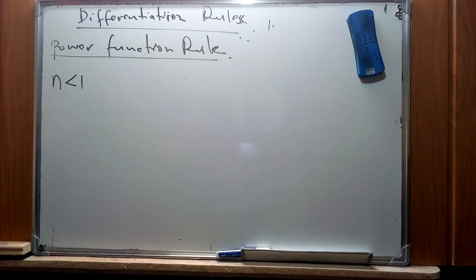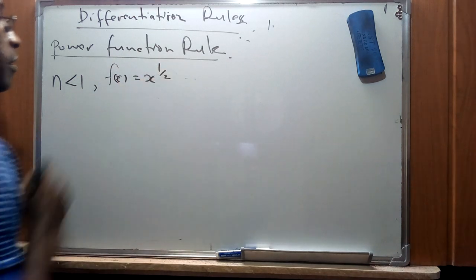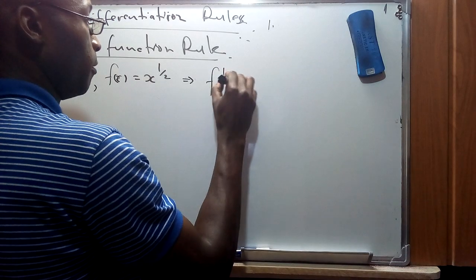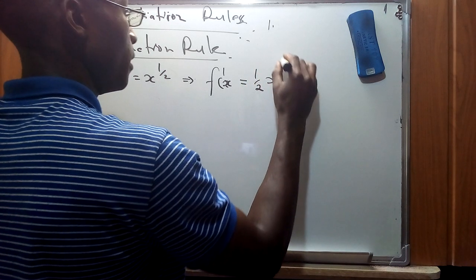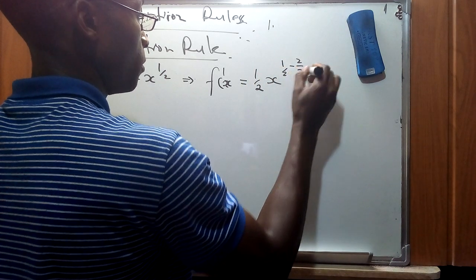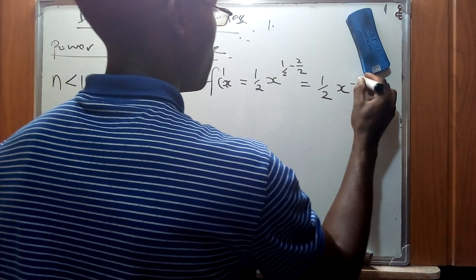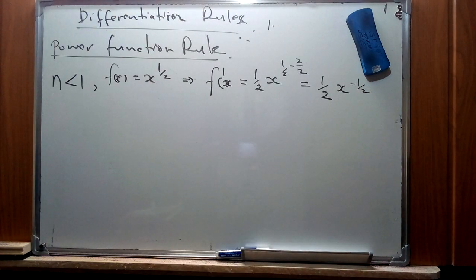We can have an example of a function like f of x equals x raised to half, implying its derivative f prime of x is a half x raised to half minus 2 over 2, which gives us a half x to the minus 1 over 2. So that's going to be its derivative.